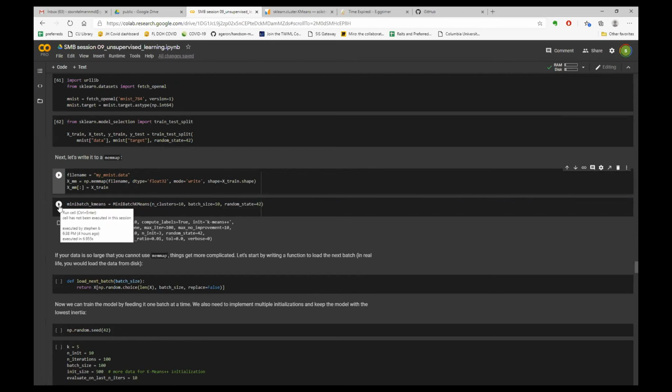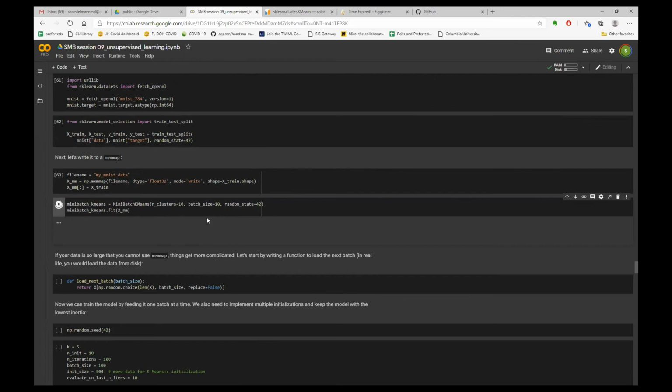And then you use the mini batch k-means on the memmap. They drop the batch size to 10, and you fit this data set. Now he talks about if your data is so large that you cannot use memmap, things may be more complicated.